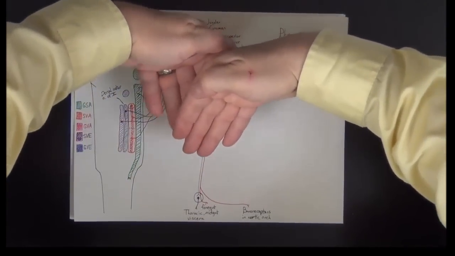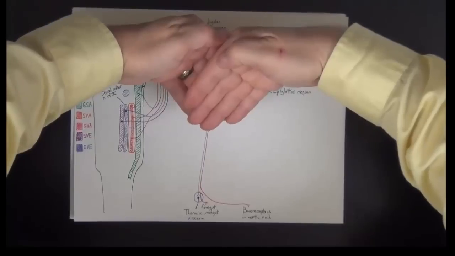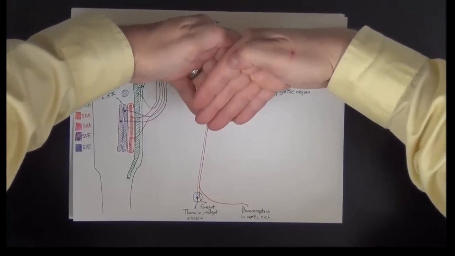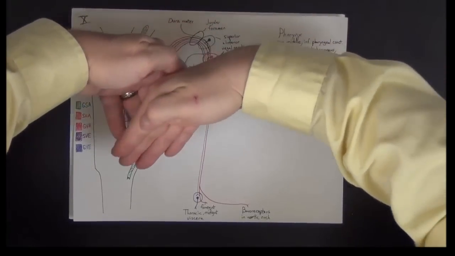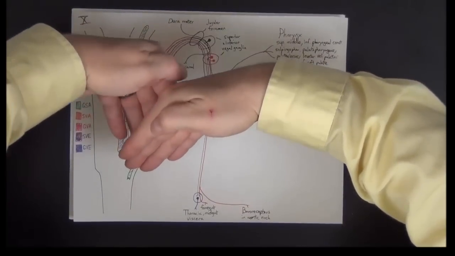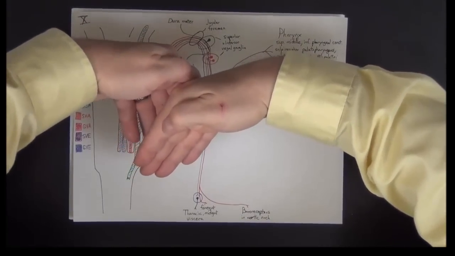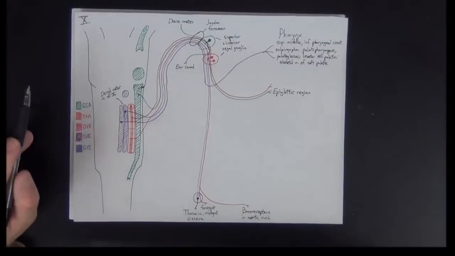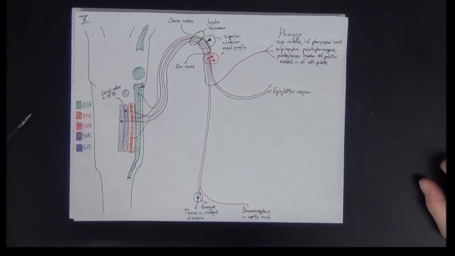So if you have a uvula that is deflected one direction or another, it points away from the lesion because the strong musculature on one side pulls the rest of the uvula over. All right, so that's a little clinical vignette for you guys there.